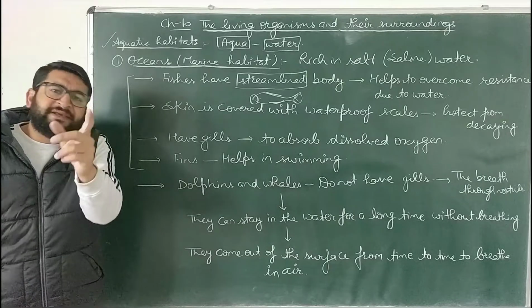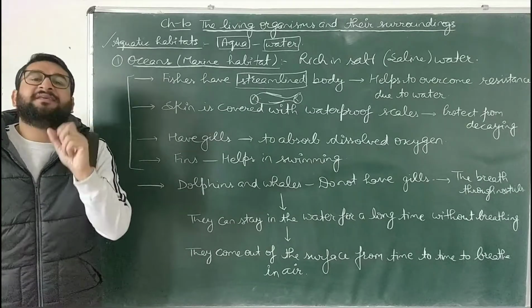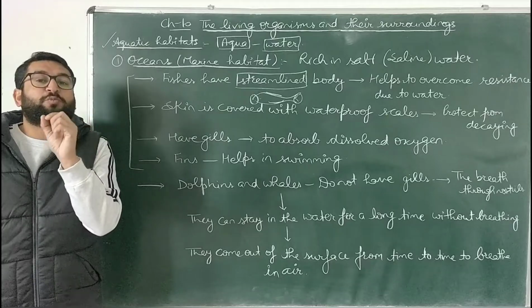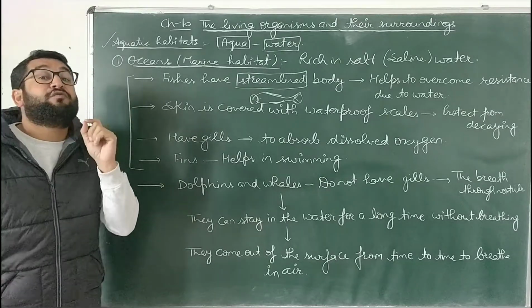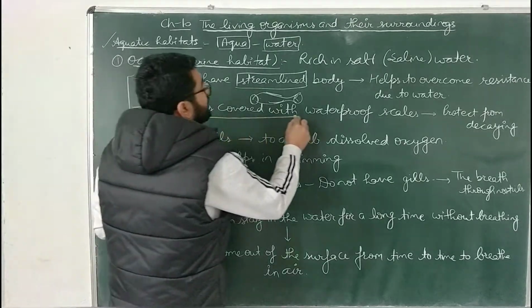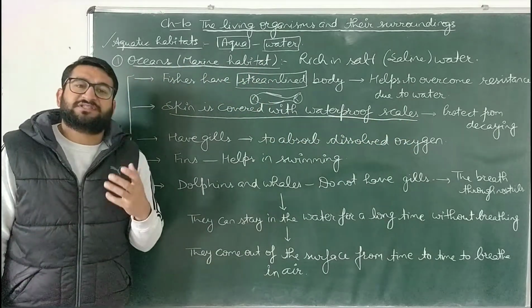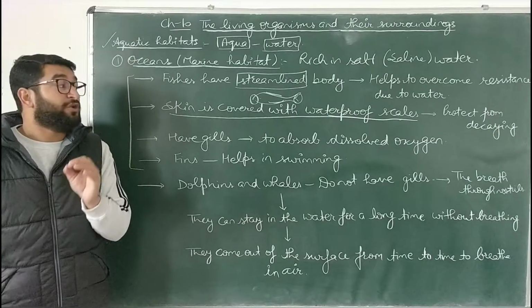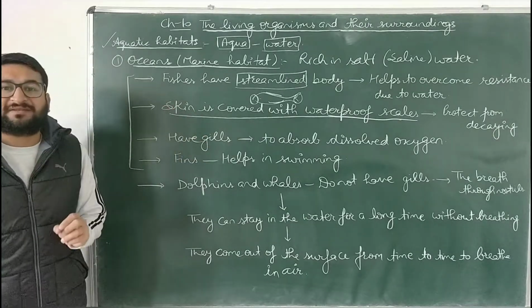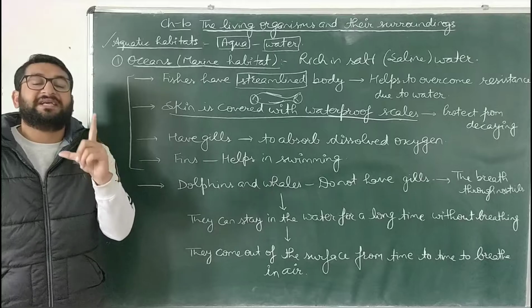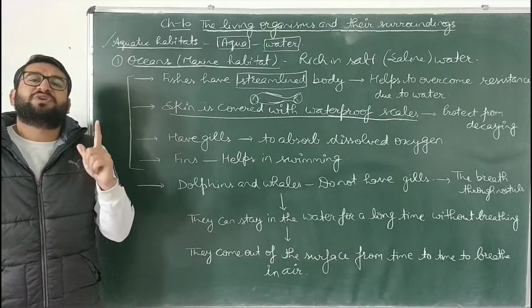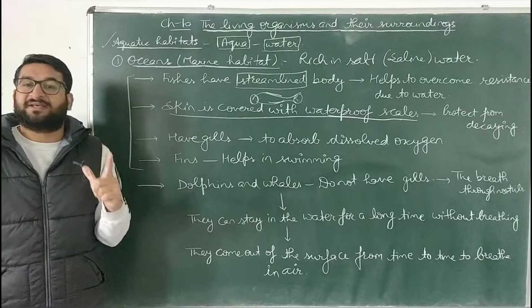So their body will decay. उनकी body गलने लगेगी. So to prevent that decay, they have waterproof scales over them. Their body is covered by waterproof scales which protect their body from decaying in the water. जो बच्चे उनकी body को decay होने से बचाती है.